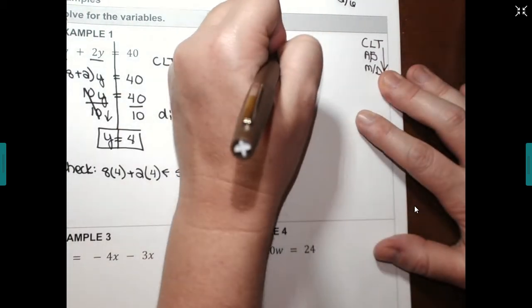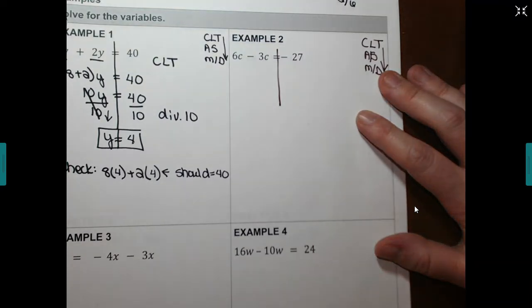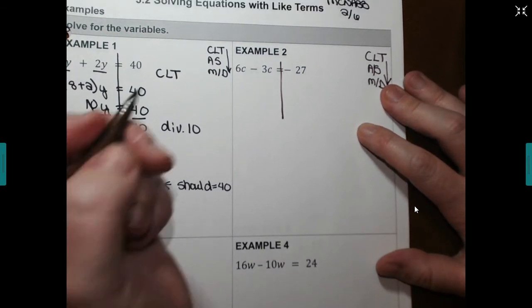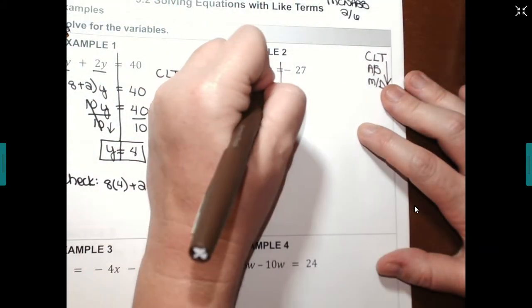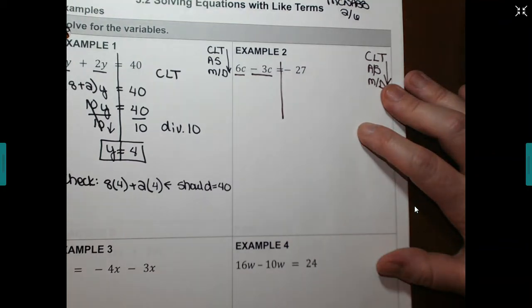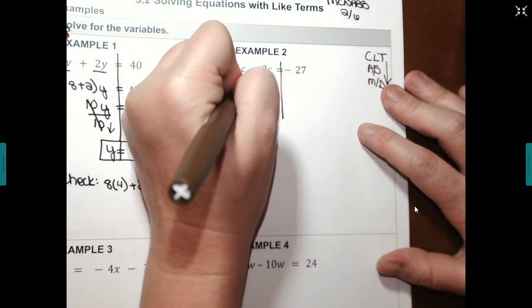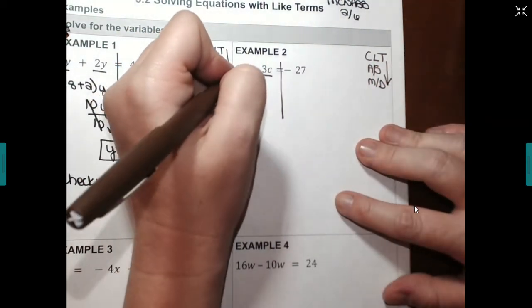So let's draw our gate. Oh, how fancy. We can combine like terms on a practice that's about combining like terms. Fascinating. So I can combine my 6c and my negative 3c. That's a negative 3c. So in my parentheses, I'm going to start by combining like terms.